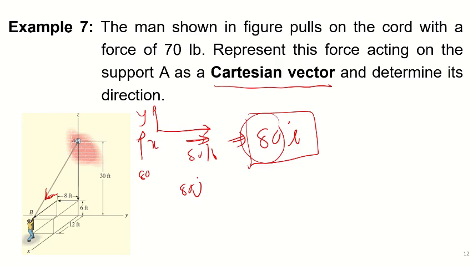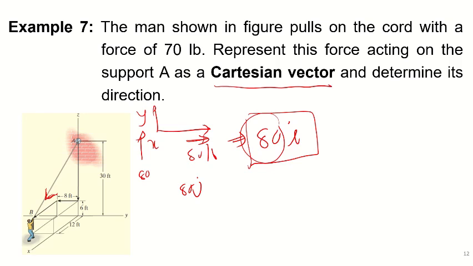If we know the unit vector in this direction, we can find out the direction of this force. So we should find out the unit vector in the AB direction. How can we find the unit vector? If we know the vector AB, then we can divide the vector AB by its magnitude, then we can find the unit vector in the AB direction, right?